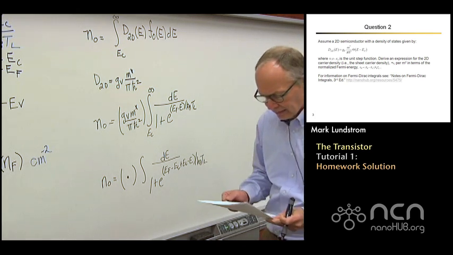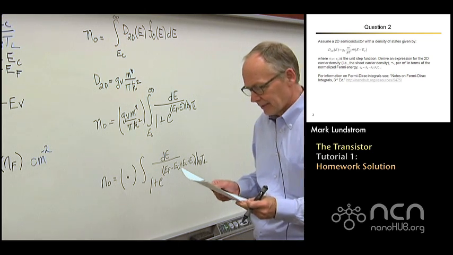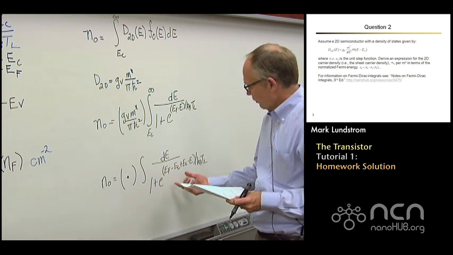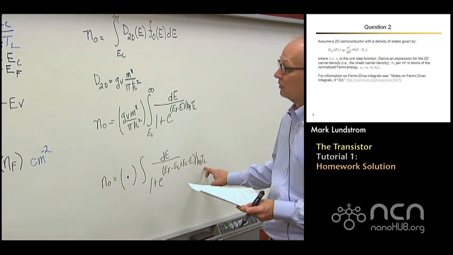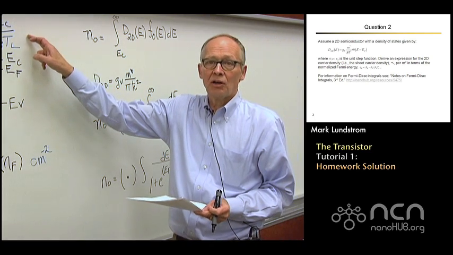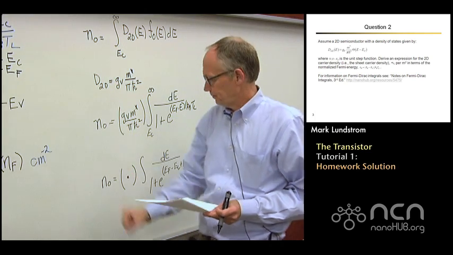Okay, so I haven't done anything. I've just subtracted and added the bottom of the conduction band. Now I'm going to recognize something here. EF minus EC in units of kT, this is just what we called eta sub F to begin with.